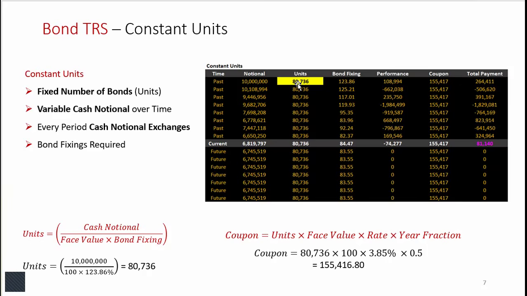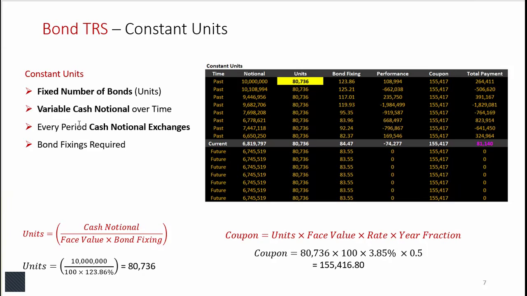So when we pick constant units, the cash amount is moving, and the way you calculate it is you take the number of units, times the bond price in percent, times the face value of 100. That gives you the notional, which is the reverse of this units formula. So if you know the units, you can work out the cash notional, and if you know the cash notional, you can work out the units. You just reverse the formula.